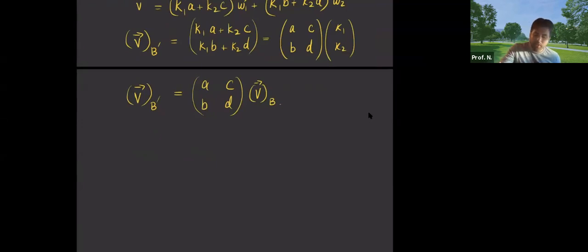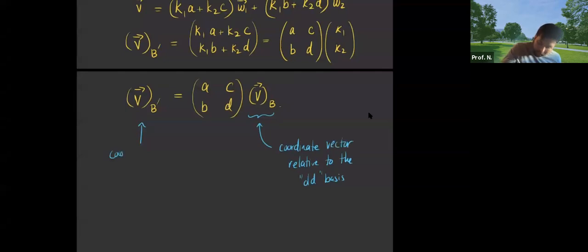If we have the coordinate vector relative to the old basis, we can multiply that by some matrix, which results in the coordinate vector of V relative to the new basis.